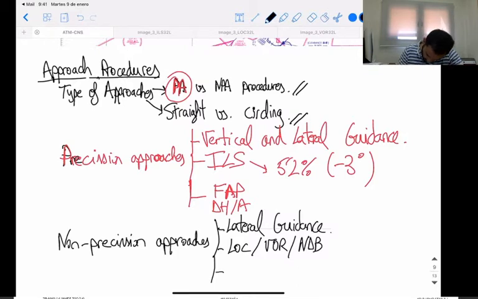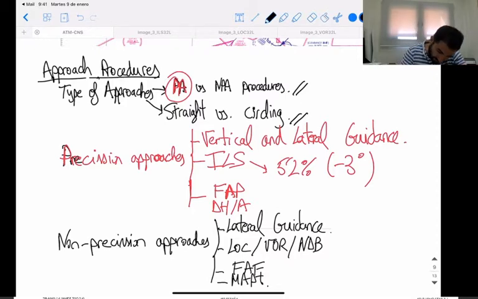And here we talk about final approach fix, and missed approach point to initiate the go-around procedure. So these are the distinctive elements of each of the approaches.